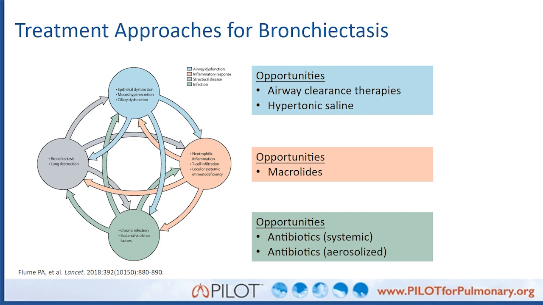Aerosolized antibiotics are typically used again in those patients who have more frequent exacerbations and oftentimes with an organism which is going to be responsive. So typically that is Pseudomonas, and using something like the aminoglycosides to try and suppress the infection to try and reduce the frequency of exacerbations.